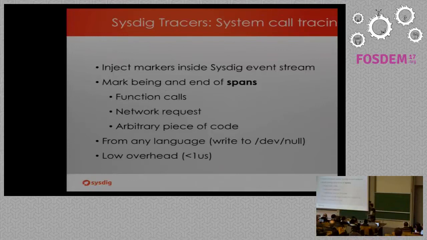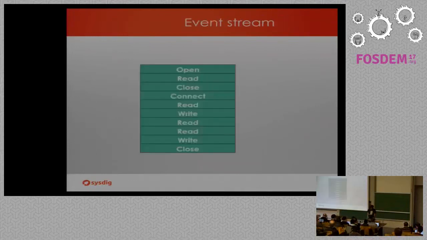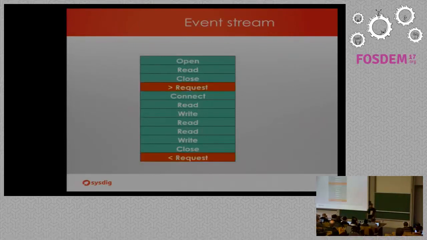And low overhead, as I said: simple, easy to use, fast. So the idea is that we have this event stream, and every time we always have an entry marker and an exit marker. A span is everything that's being executed inside the enter trace and the exit trace.